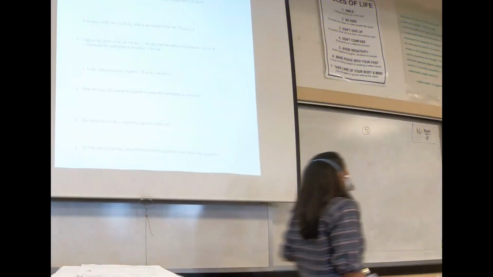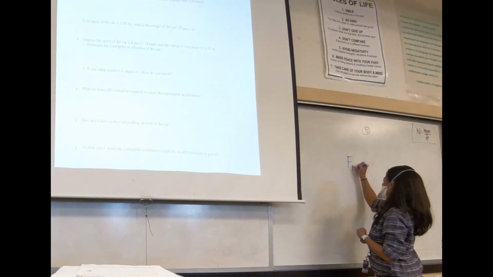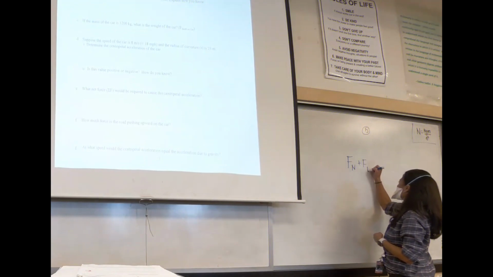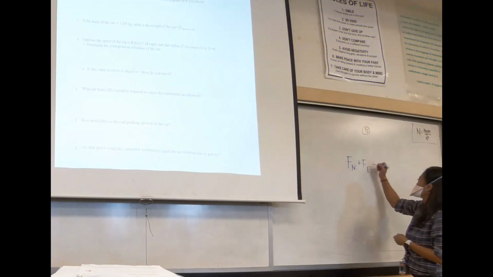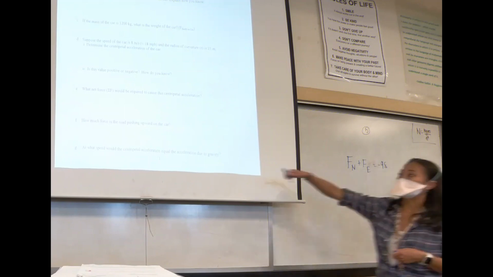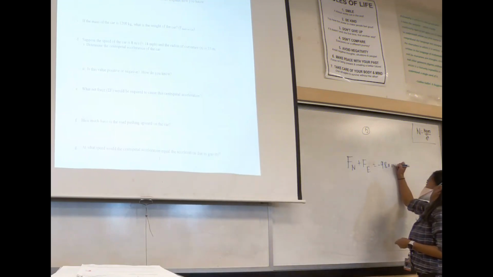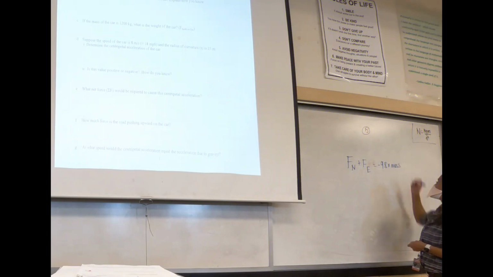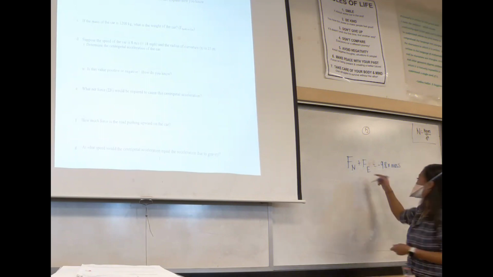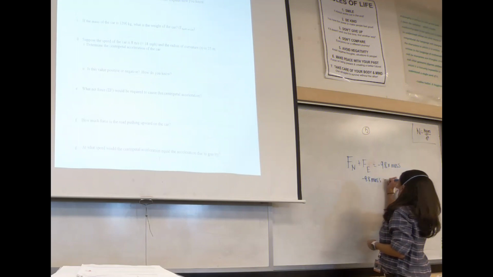So in this scenario, we have the normal force and the force of Earth equals negative 9.8, which is the acceleration due to gravity, times the mass. The problem is that the force of Earth also equals negative 9.8 times the mass.